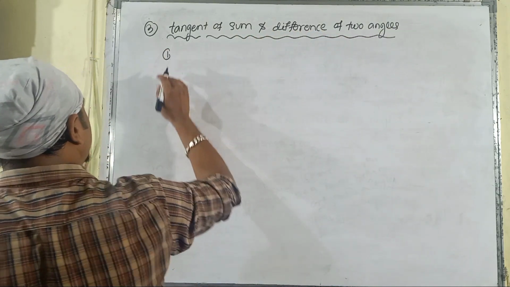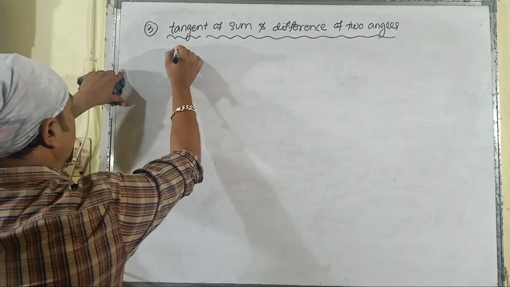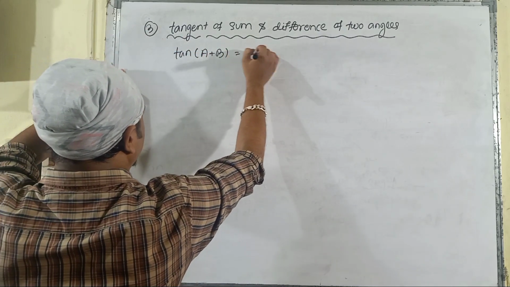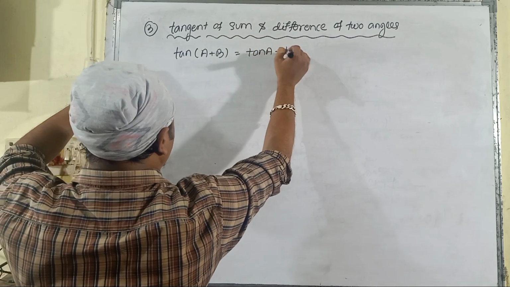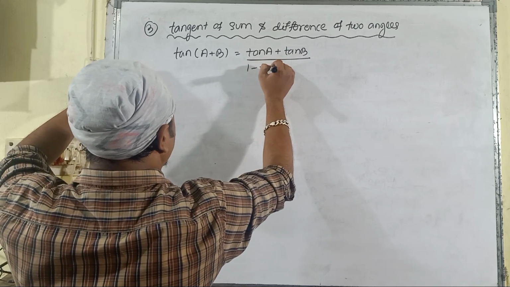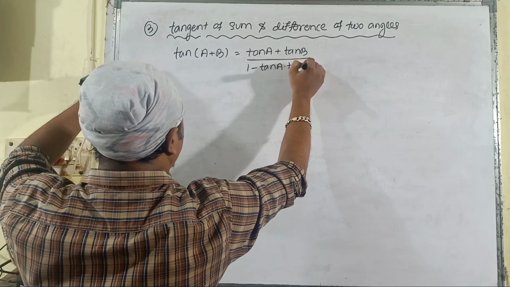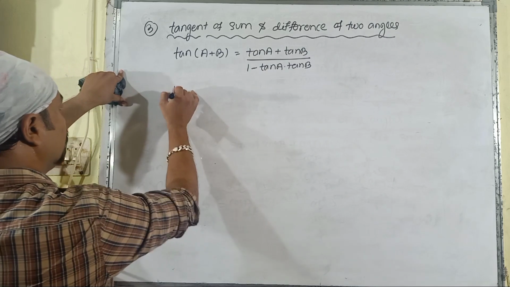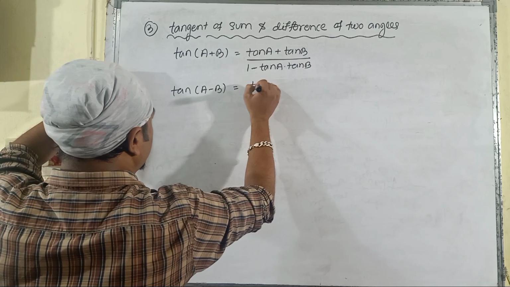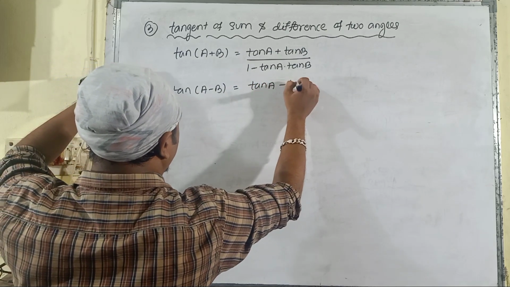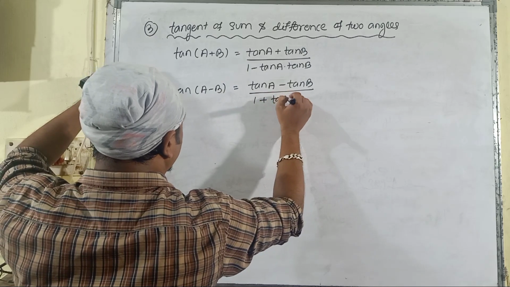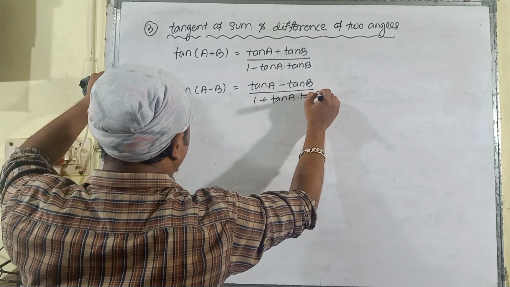The first formula is here. The tangent of the sum of two angles, tan(A plus B), is tan A plus tan B whole divided by 1 minus tan A into tan B. The second one, tan(A minus B), is tan A minus tan B whole divided by 1 plus tan A into tan B.